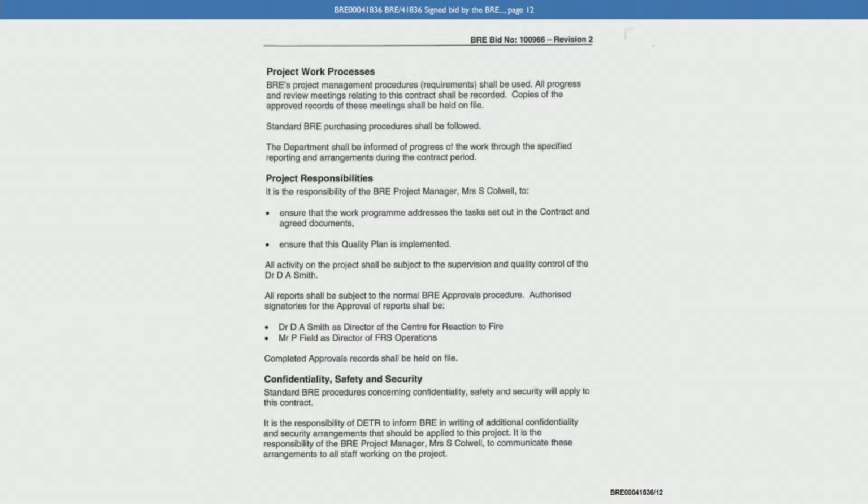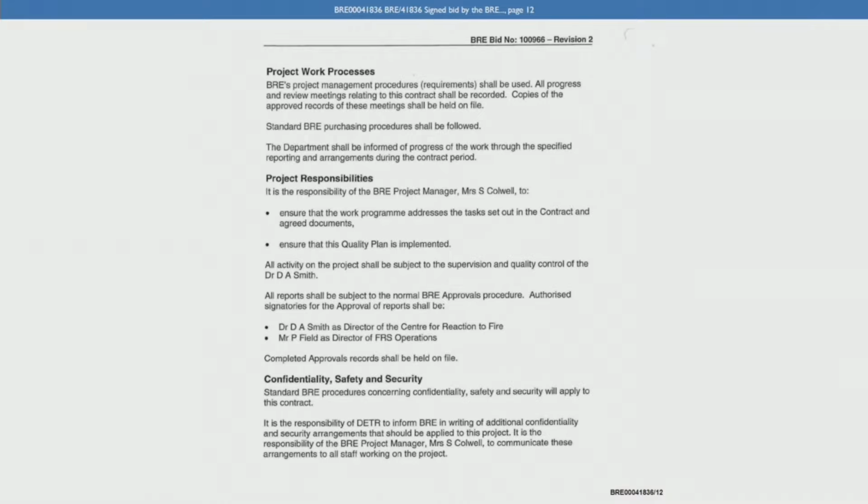Yes. And then if you go to page 12, please, in the middle of the page, you can see that on page 12 it says, just after the two bullet points under project responsibilities, all activity on the project shall be subject to the supervision and quality control of Dr. D.A. Smith.